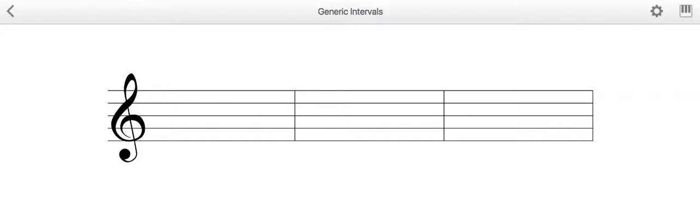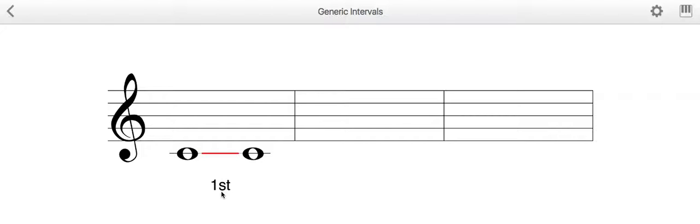So, for example, when you have two notes that are on the same line or the same space, for example, this C4 and this C4, that is called a first or a unison.